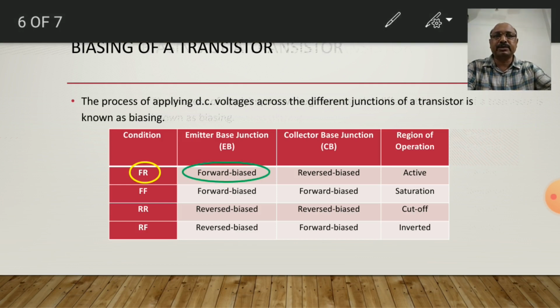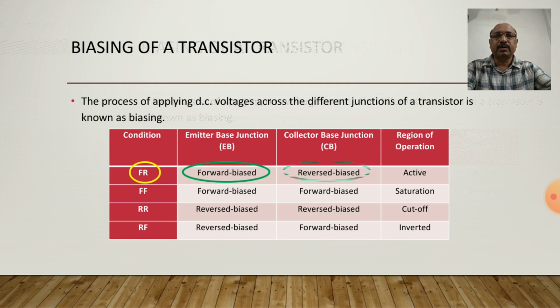and the collector base junction is reverse biased. In this biasing, the region of operation is known as the active region, and in this region the transistor is used for amplification, and that's why this is the proper biasing of a transistor.